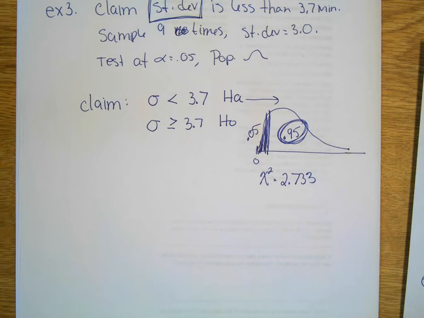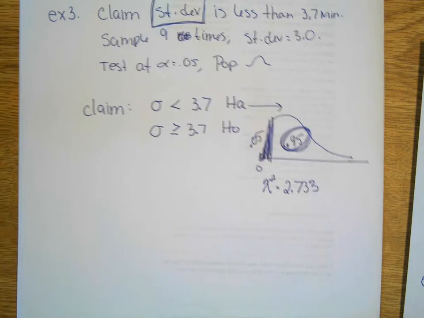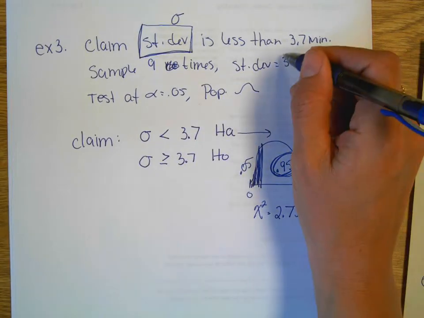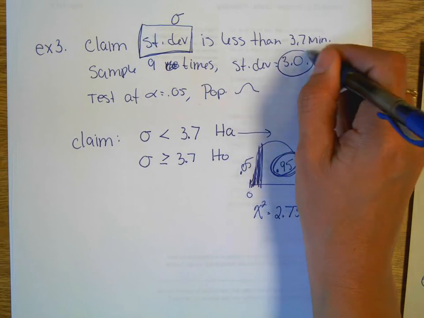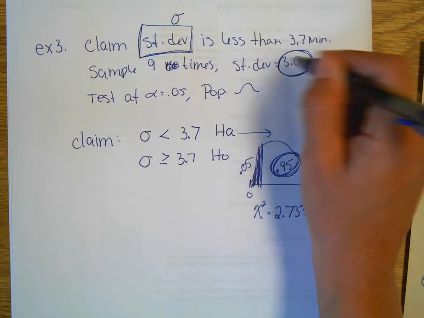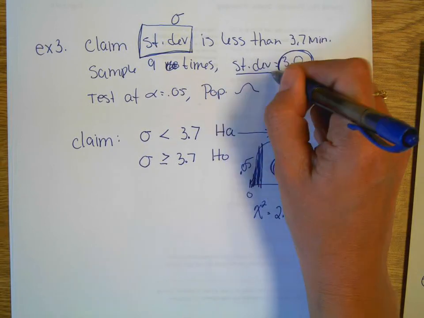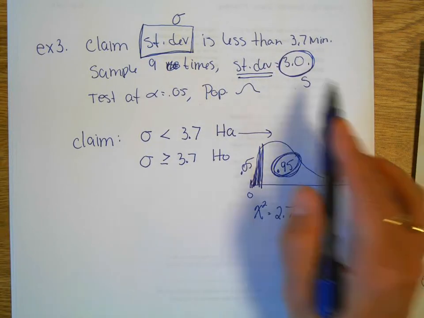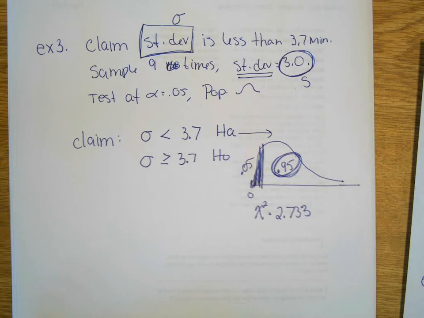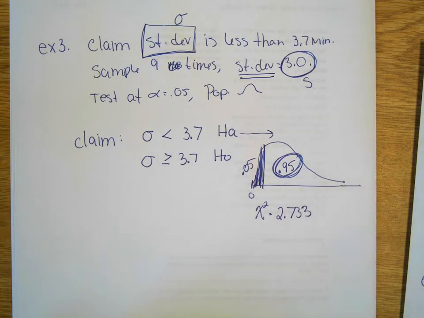Now the formula. The sample value is the standard deviation of 3.0. That is s, because it's a sample standard deviation. So we have to square it when we put it in the formula.